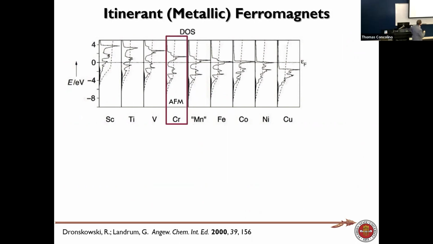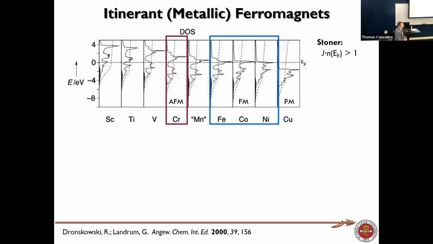When we go to iron, cobalt, and nickel, now the Fermi level crosses this peak, and that's where we start seeing ferromagnetic ordering. And that essentially follows this idea of Stoner and other people who formulated the criterion that if you take the exchange constant multiplied by the density of states at the Fermi level, if this product exceeds 1, then you should expect ferromagnetic ordering, itinerant ferromagnetism.